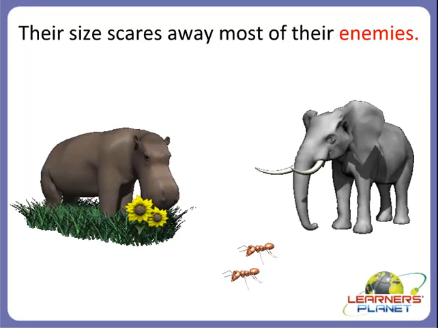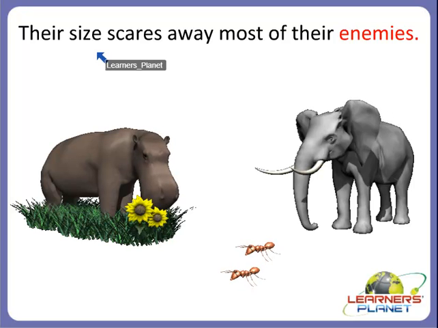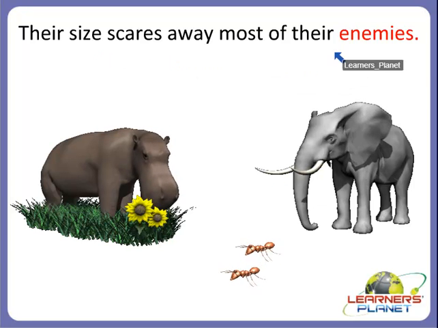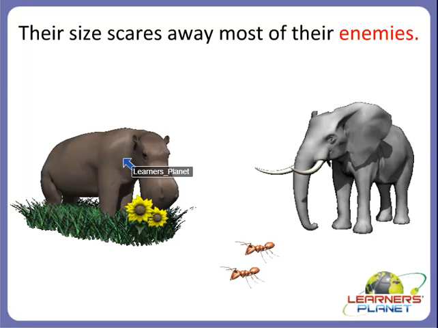Yes, children, animals like the elephant and hippopotamus are very huge, right? And such a huge size scares away most of their enemies, right? Like this elephant and this hippopotamus.